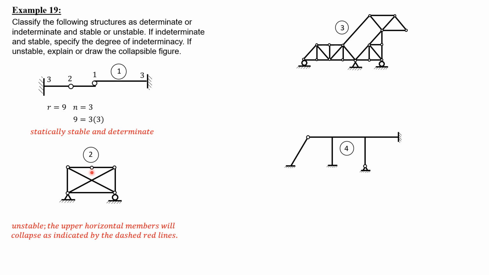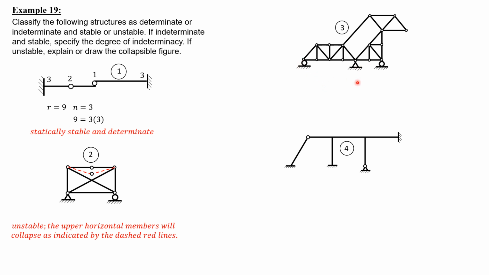It will collapse downward, so it will rotate downward. This one will rotate clockwise, this one will rotate counterclockwise. So this will be the collapsible configuration.